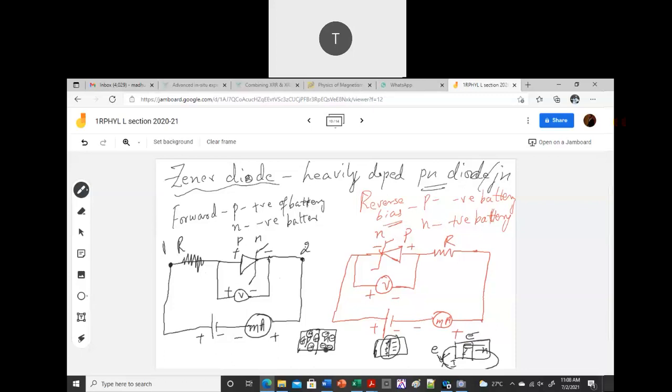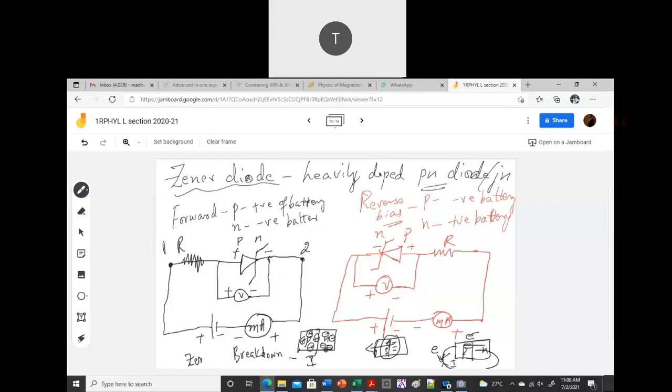So when it comes to breakdown, breakdown in the sense when you start seeing the current, okay? When you start seeing the current, that means your electrons are breaking this potential, and when they are going through the barrier, that is what we call breakdown, okay? Zener breakdown, or your forward voltage, okay?